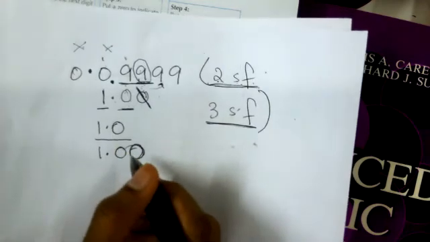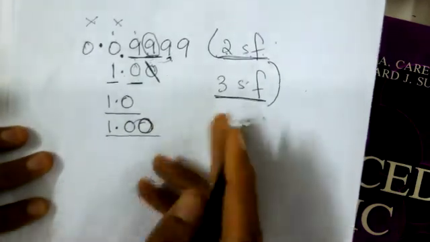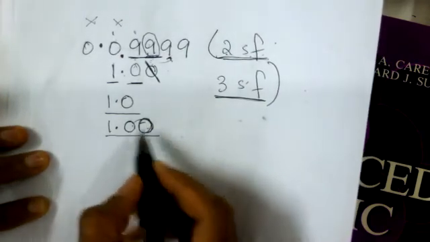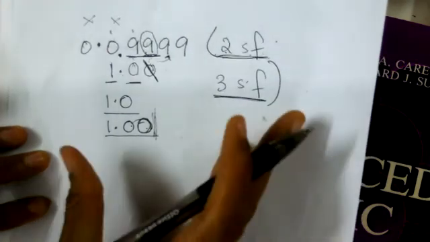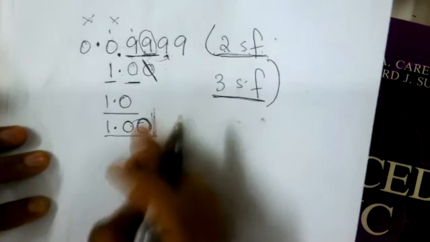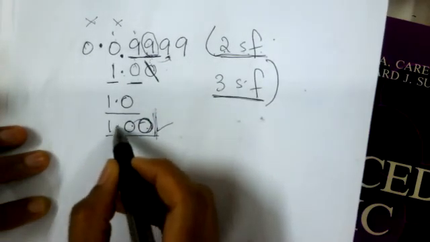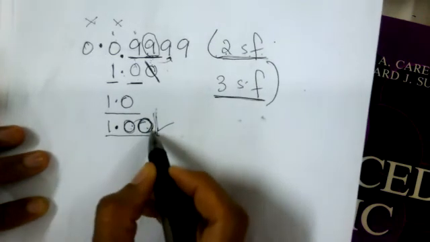Listen, you are only looking at the value. What does this mean? We have 2 decimal places. That means we are very sure that up till 2 decimal places, the digits are 0. They are not any other digit. I am really sure. This shows that I have put a decimal and I have added 2 zeros. That means I am really sure about these 2 digits.